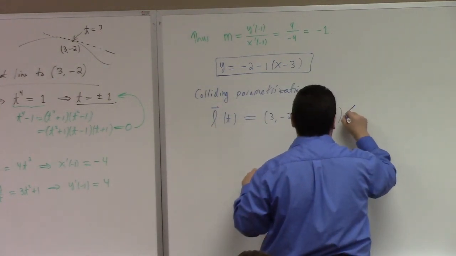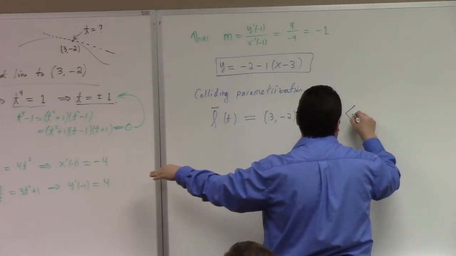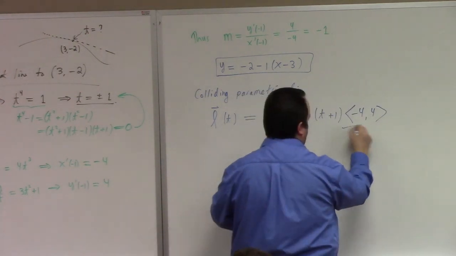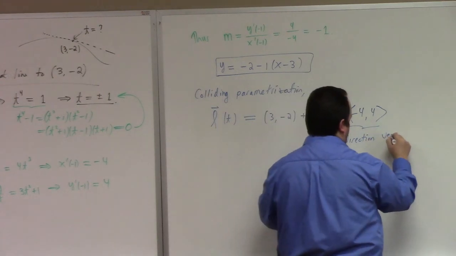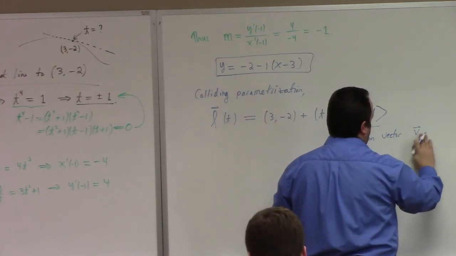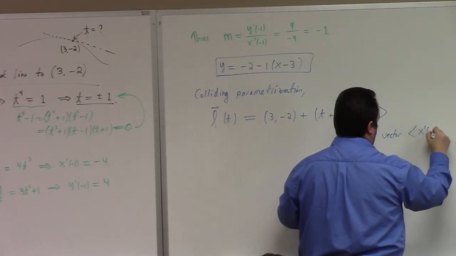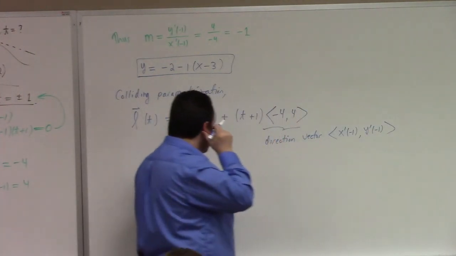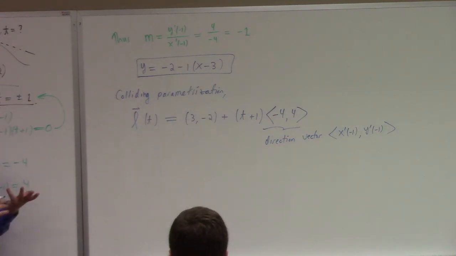The direction vector here is minus 4, 4. And the reason I put t plus 1 there is that when time equals minus 1, what happens?